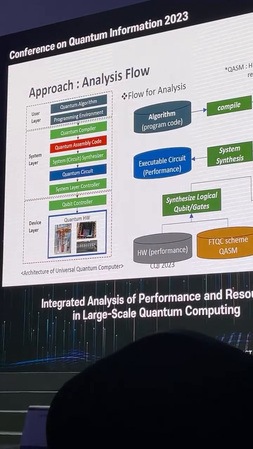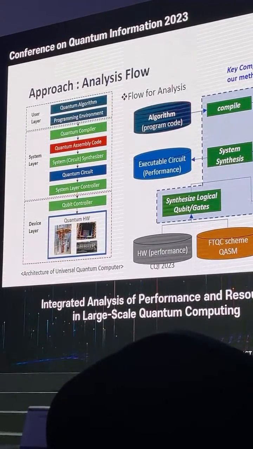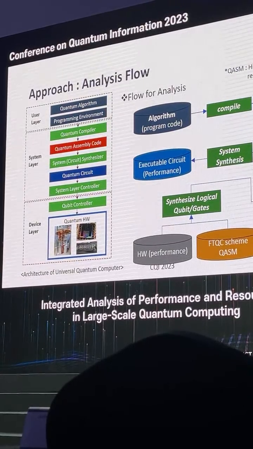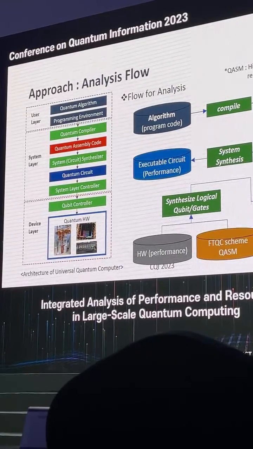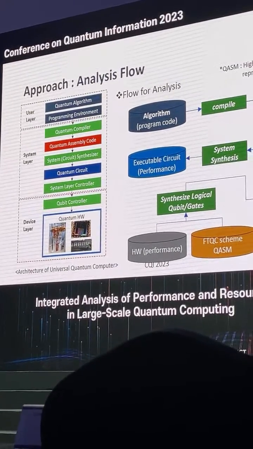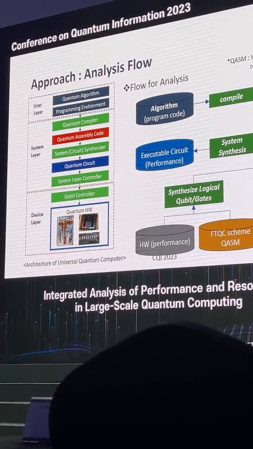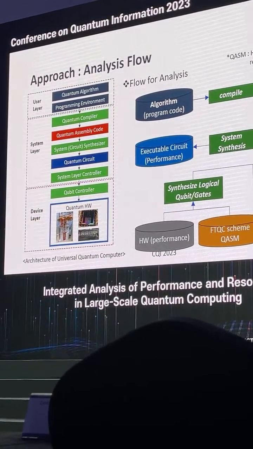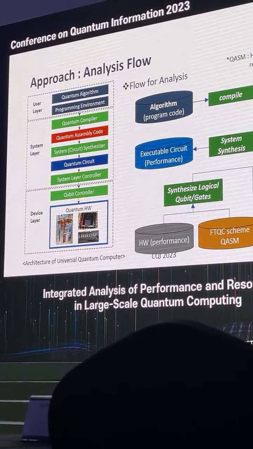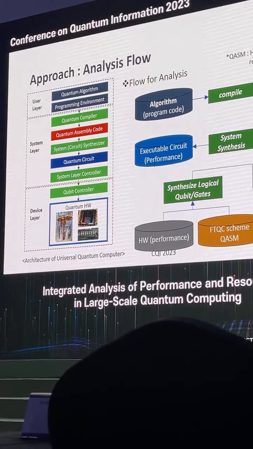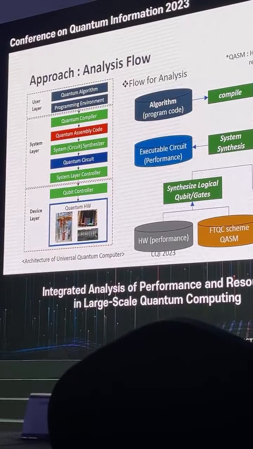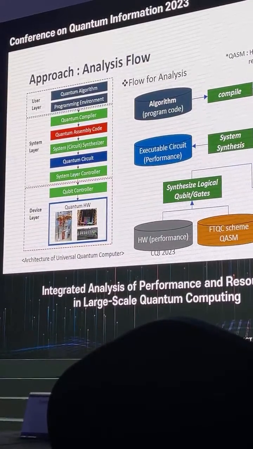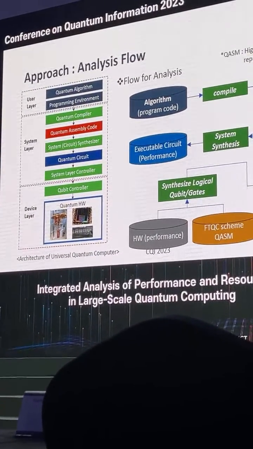For that, we assume, on the left side, some architecture for universal quantum computation from the user layer to the device layer. Based on the architecture, we progress the analysis in this sequence. In the beginning, we compile the algorithm into a list of all the quantum operations.